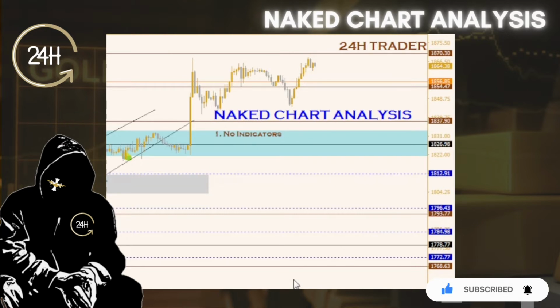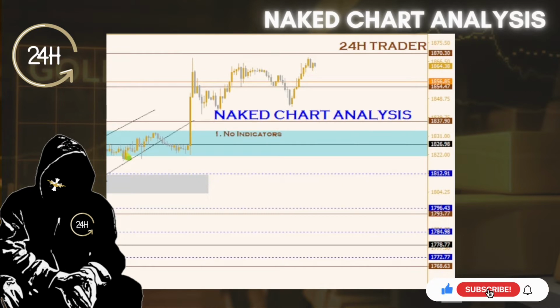So I stopped using indicators. No indicators whatsoever, because indicators only read what happened in the past, and I believe they cannot predict the future, where the market would go. So yeah, no indicators whatsoever.